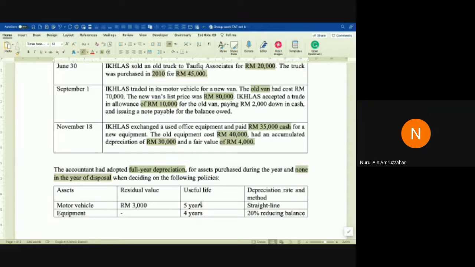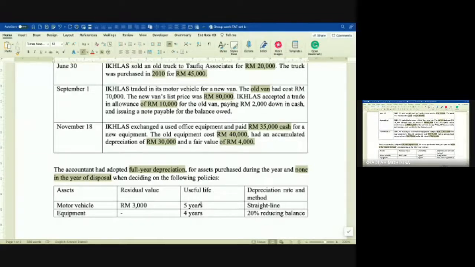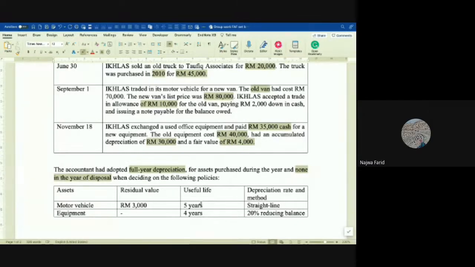How much do you get for the depreciation per year? Madam, the old van is 70,000. Okay, sorry. Thank you. Right, 80,000 is the new van. The old van is 70,000. So 70,000 minus 3,000 residual value. Next, divide by 5 years. So you should get 13,400 per year. You got that? All right.